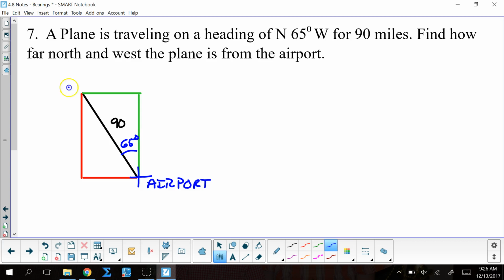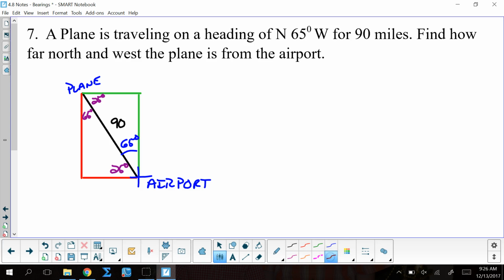Which puts my plane right here. Now, I could say that this angle down here is 25 degrees. I could say that this angle here is 65 degrees, and this angle here is 25 degrees, because I'm dealing with right triangles.